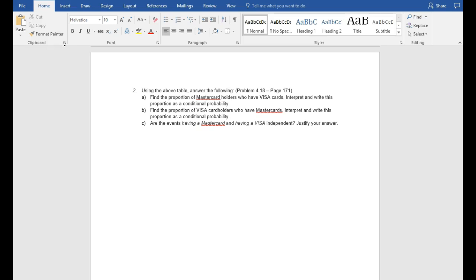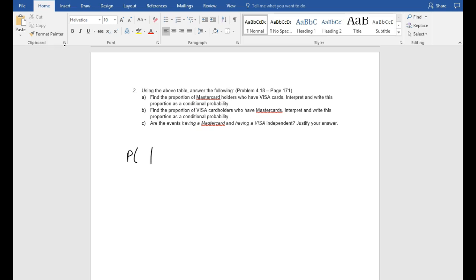But that's not actually what's going on. It says find the proportion of MasterCard holders. The word "of" is very important. Of MasterCard holders who have Visa cards. So I could word this differently: find the proportion who have Visa cards given that they have MasterCards. And that means the exact same thing.